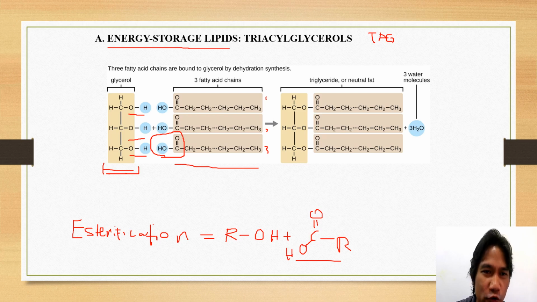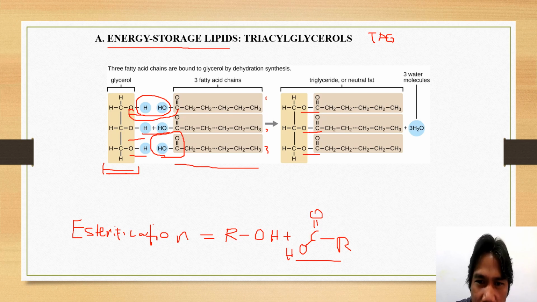So what you just have to do is combine the glycerol and the three fatty acids by removing this group here. This is actually water. So what happens is this carbon is now connected to this oxygen, right here. Same process: this group here is removed, and the carbon is covalently bonded to oxygen. The same thing happens to the last fatty acid.